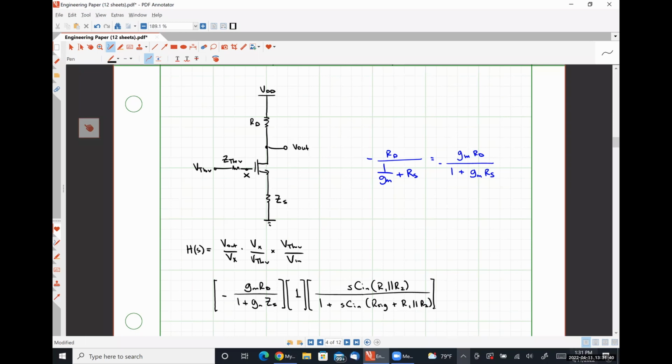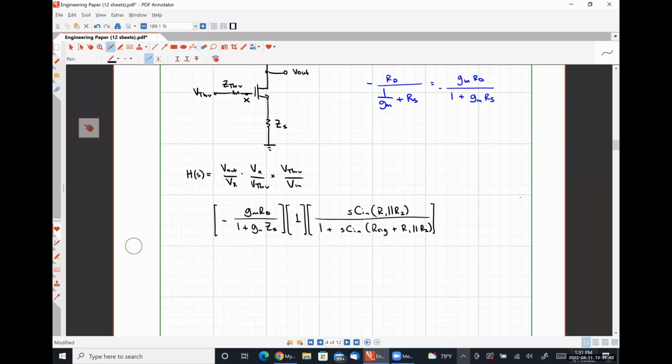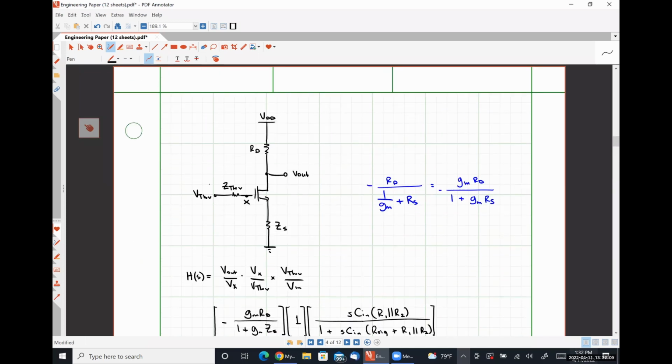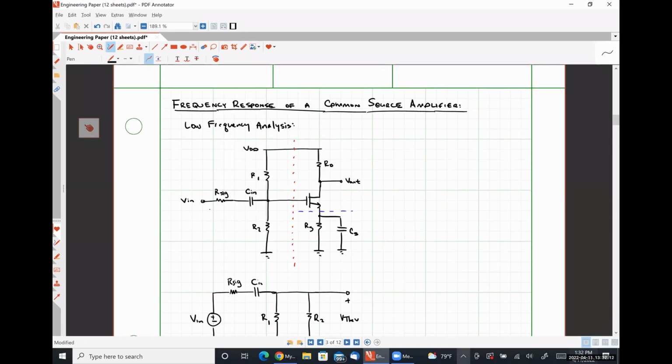Okay. So what I'm going to do here is factor out this negative GM RD bit. This is important. This term, negative GM RD, represents the mid-band gain of our system, right? So this is effectively the gain of this circuit when our capacitors look like short circuits.